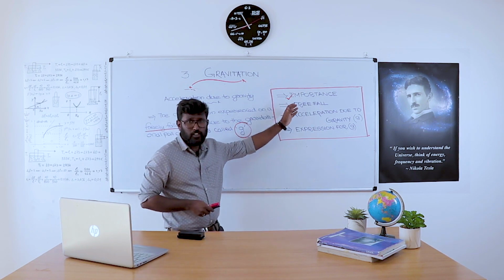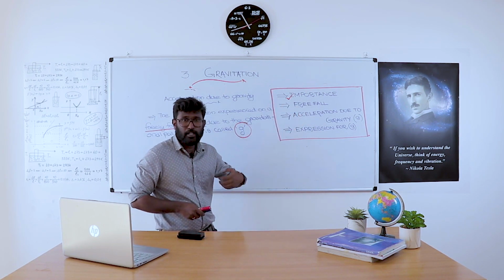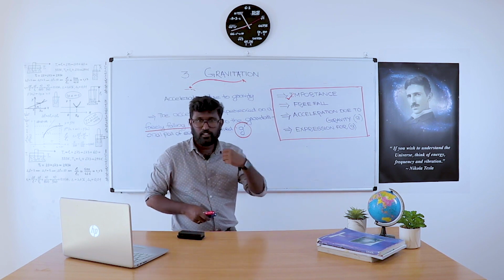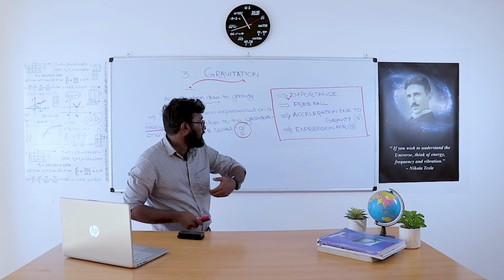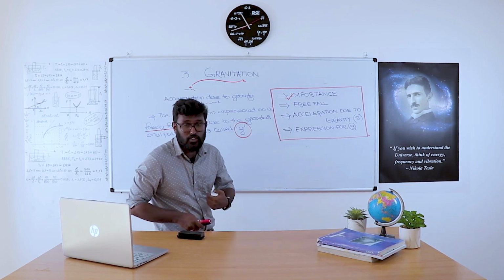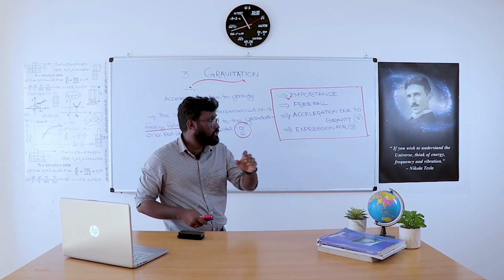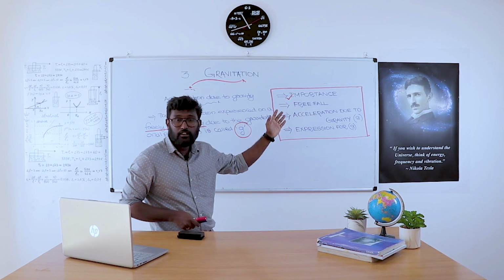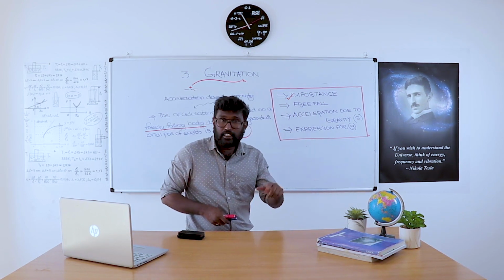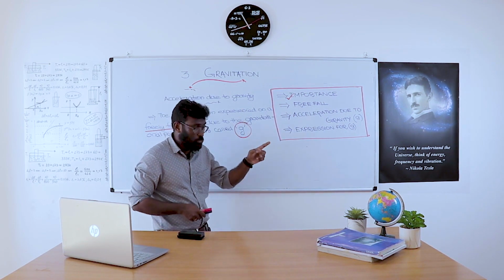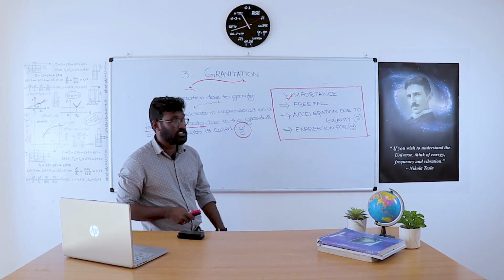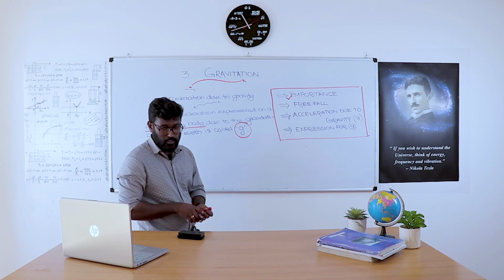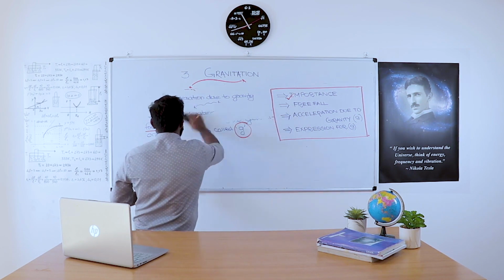So what is free fall? If a body is dropped from a particular height and moves under the influence of acceleration due to gravity alone, then the body is said to be in free fall. And the acceleration experienced on a freely falling body due to the gravitational pull of earth is called acceleration due to gravity g. Now we want to check another thing.